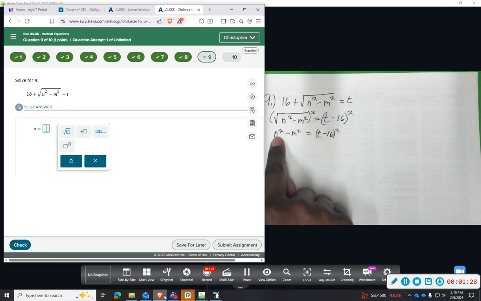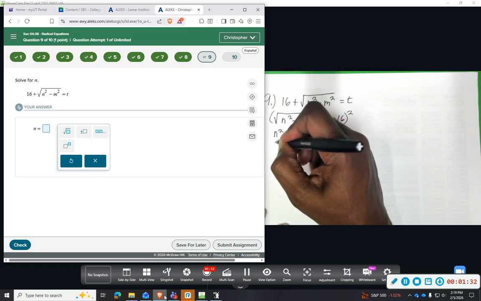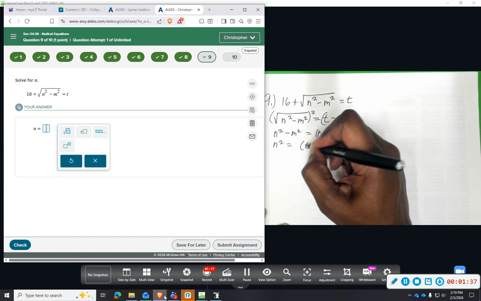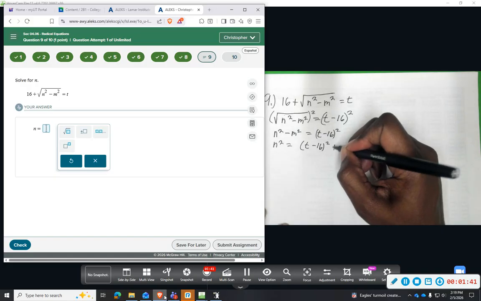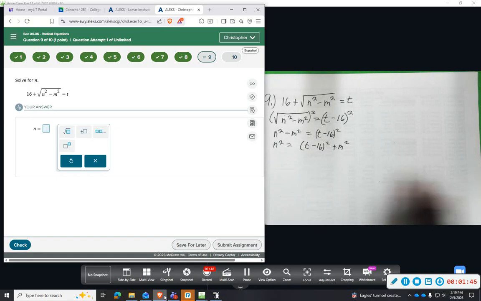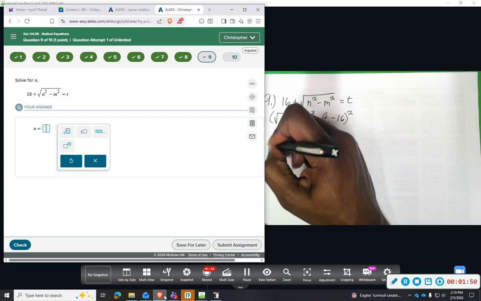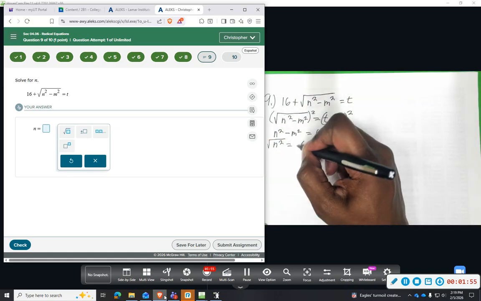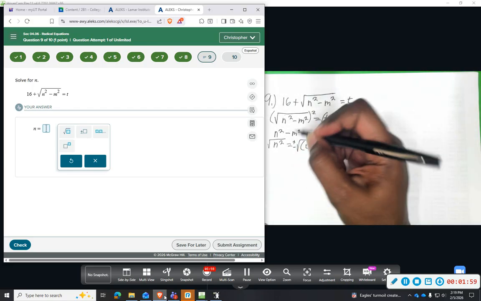Then we need to isolate n, so we're going to add the m squared over. So we'll have n squared equals t minus 16 squared, plus m squared. And then to solve for n, we're going to need to take the square root of both sides. Now when you cancel out a square root, that cancels, but over here, you've got to remember plus or minus. Okay?